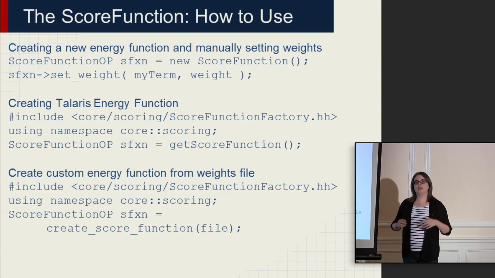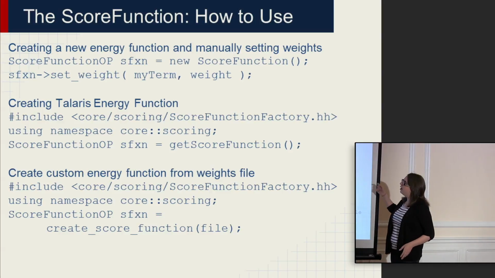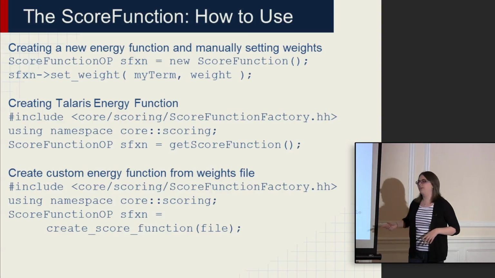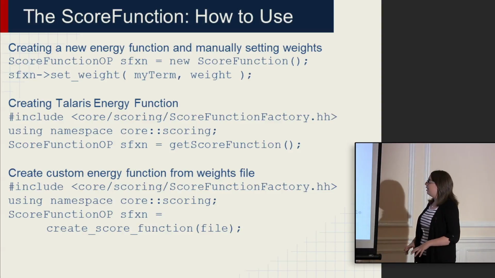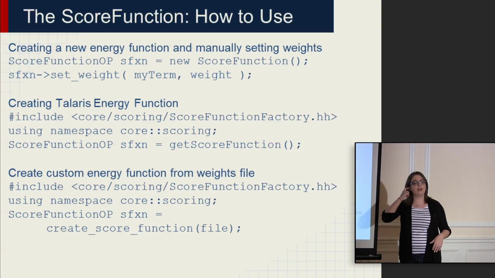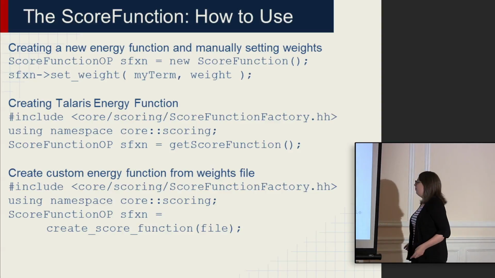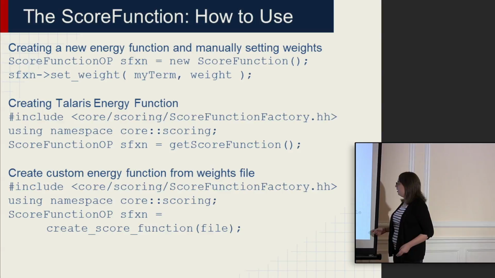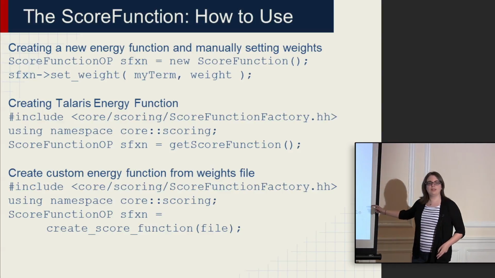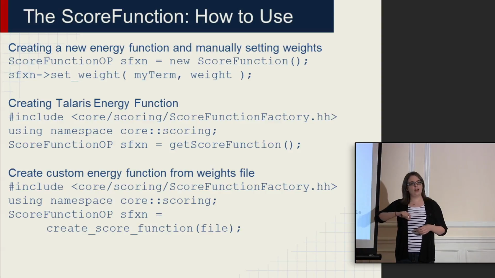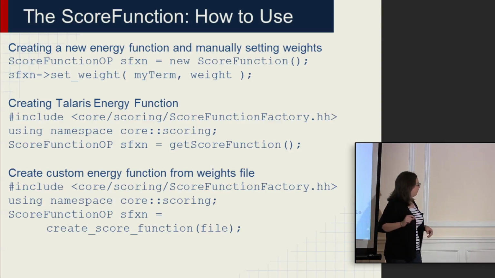You can also create the default energy function by using the method getScoreFunction, which belongs to the ScoreFunction factory. And then finally, you can create a custom energy function from a weights file. You can find all the different weights files in the Rosetta database by calling createScoreFunction and then specifying the weights file that you'd want to create your score function from.